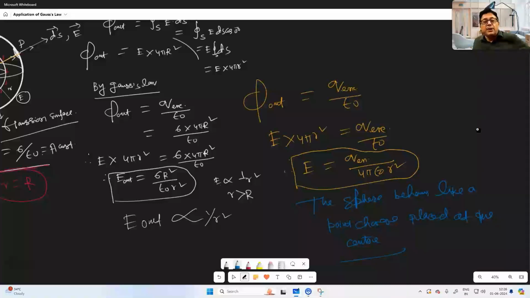Alright? So one can assume that charge is concentrated at the center of the sphere while calculating electric field due to a charged sphere. Clear? Now let us go for planar symmetry.